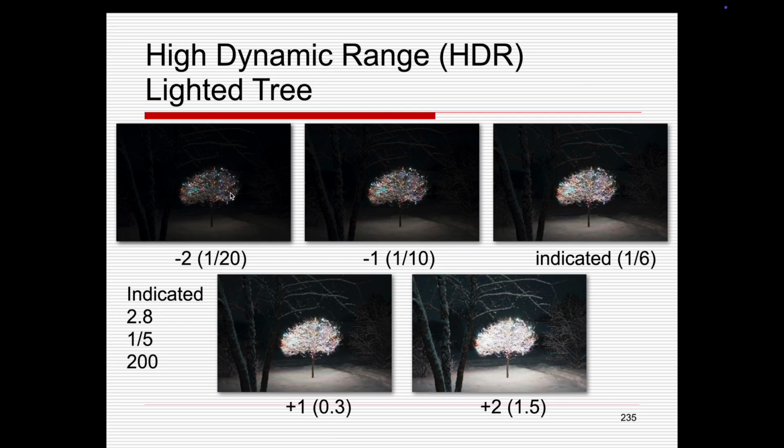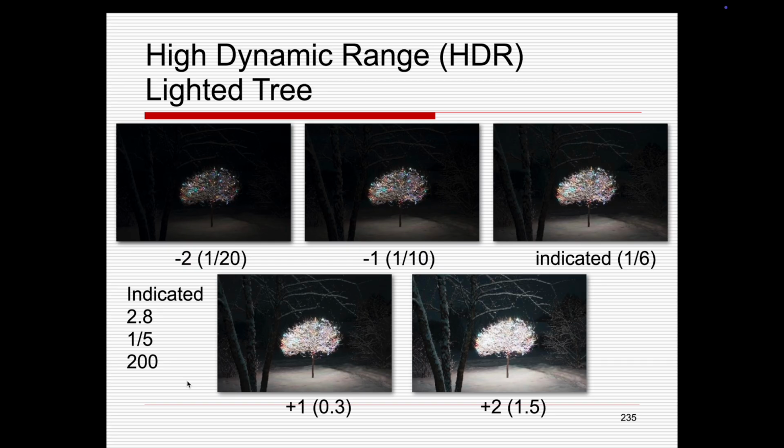It was nighttime, colored lights on this dwarf Korean lilac, 2 stops under gives me light detail. 1 stop under starts opening up the shadows. Indicated by itself looks pretty good. 1 over, not too bad. 2 over gives us more detail everywhere around here.